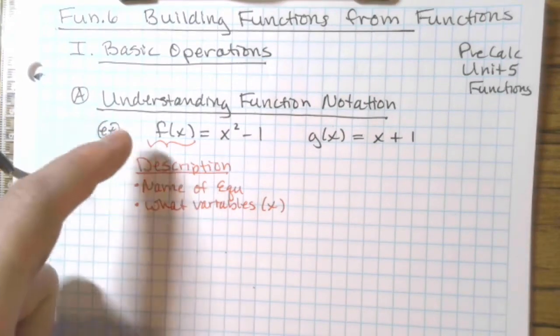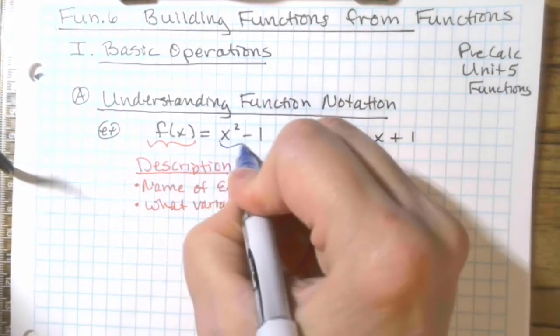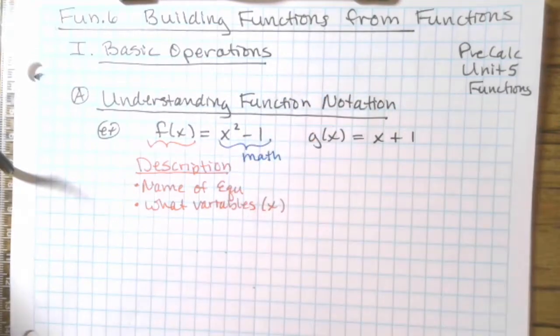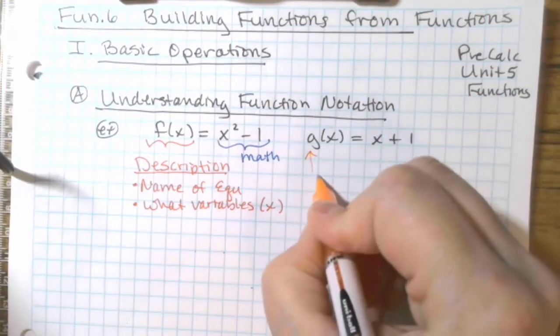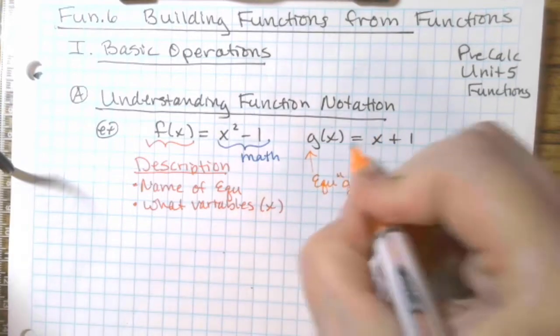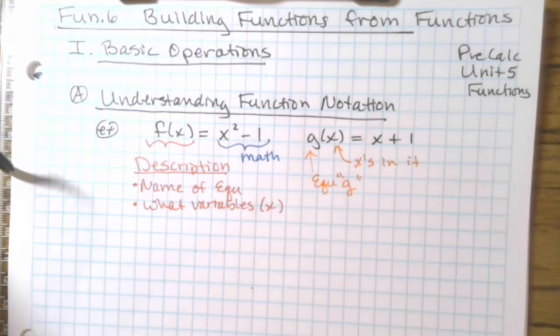In this case, it's saying equation f with x's in it. So the right half of the expression is the actual math. It's what you calculate. So looking at the second example, g of x, the name of the equation is equation g, and it has x's in it. And then, of course, the math is on the right-hand side. Pretty simple when you break it down that way.